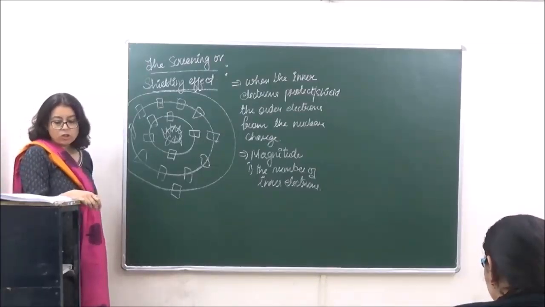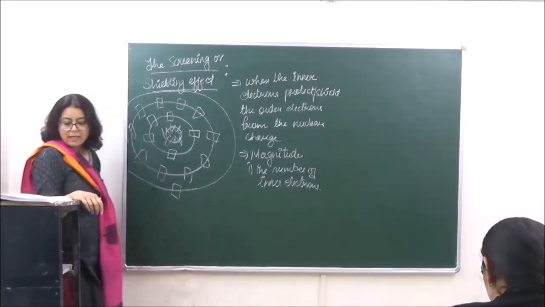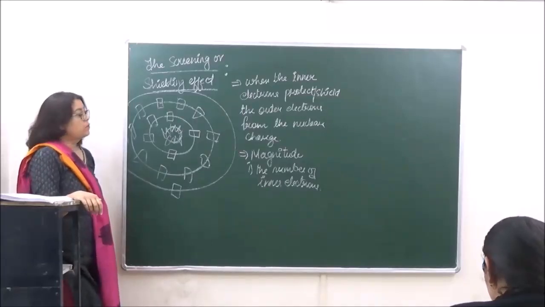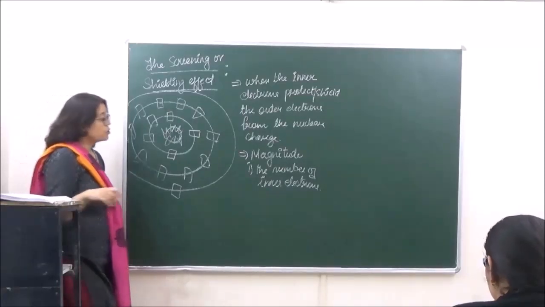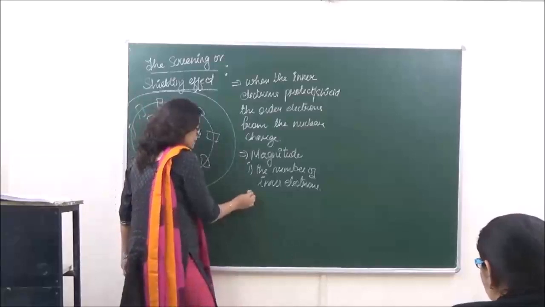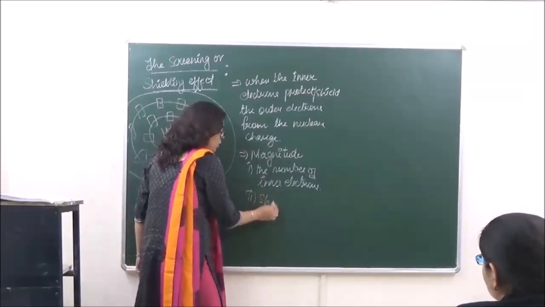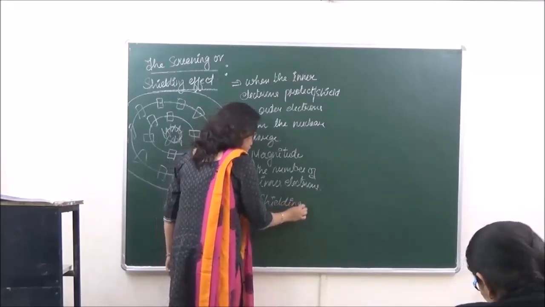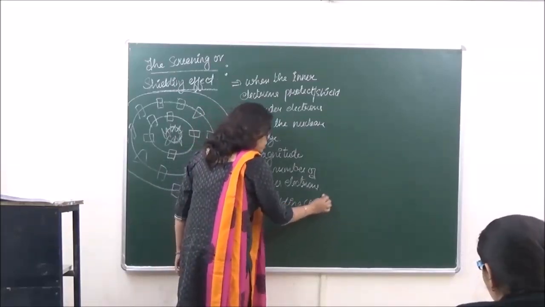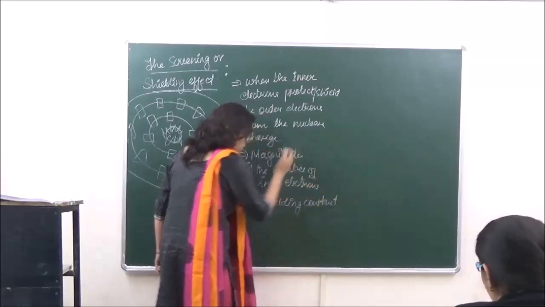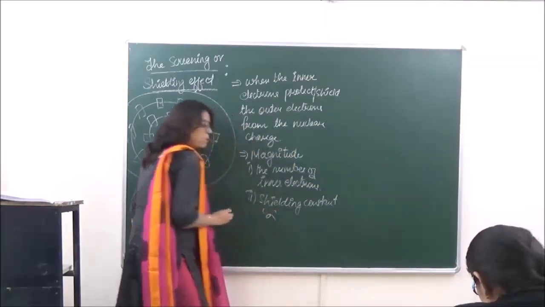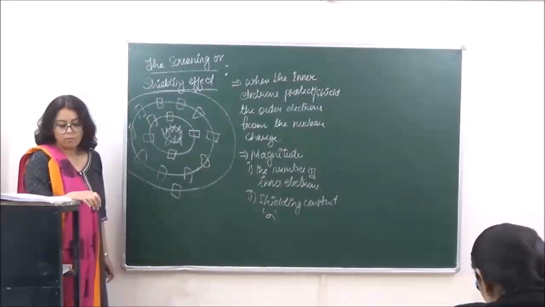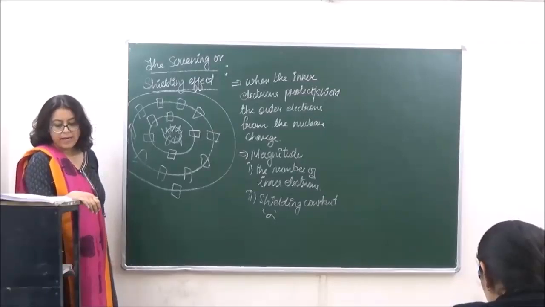And then it also depends upon another thing, which is the screening constant or the shielding constant. Second, it depends upon the shielding constant, and this shielding constant is denoted by sigma. Right?